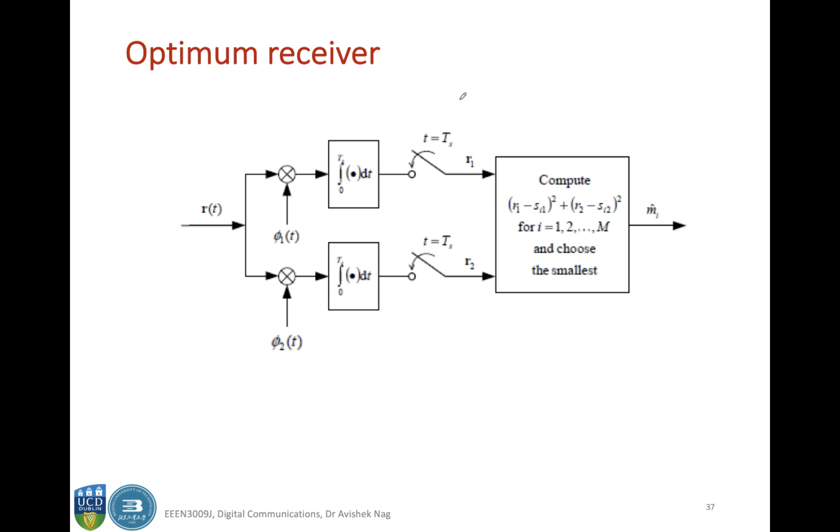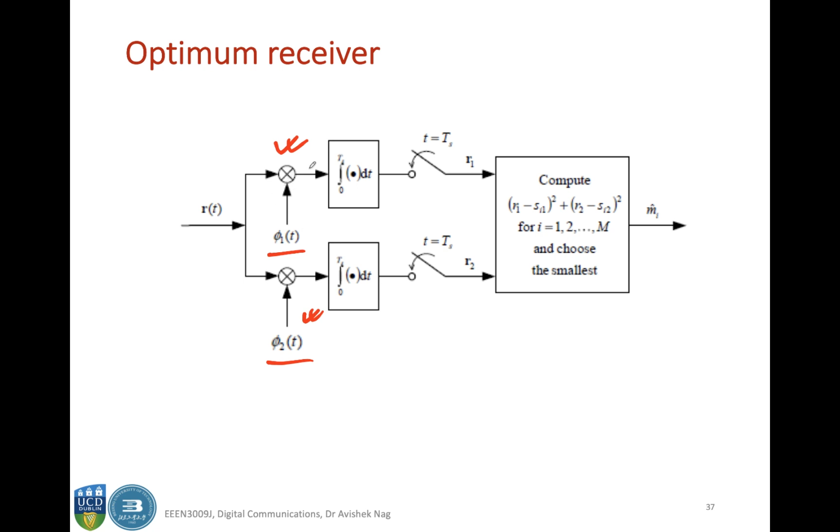And the optimum receiver looks similar for M-PSK as in the case of QPSK or binary. The number of arms of the optimum receiver is purely denoted by the dimension of your signal space. So this is a 2D signal space, and for the binary case also you had a 2D signal space. For M-PSK also you had a 2D signal space.